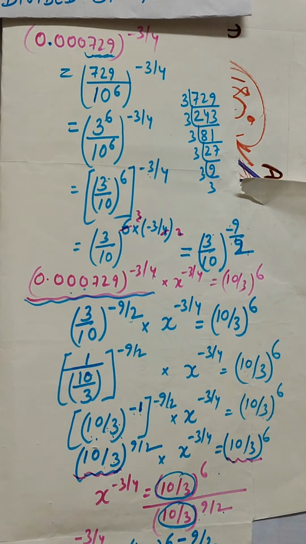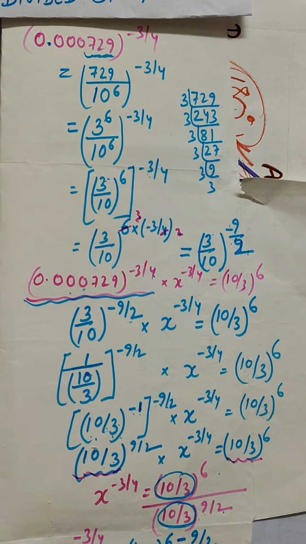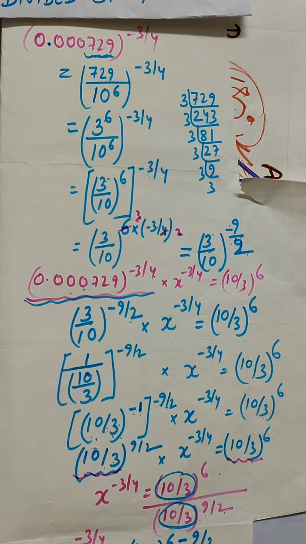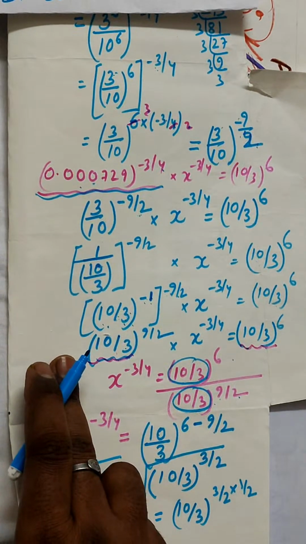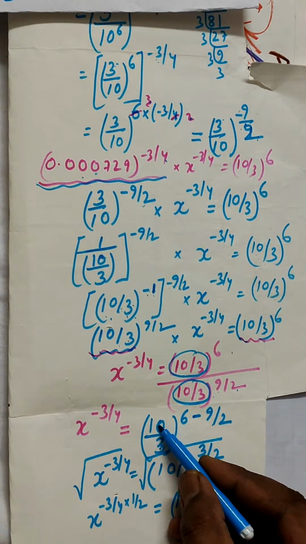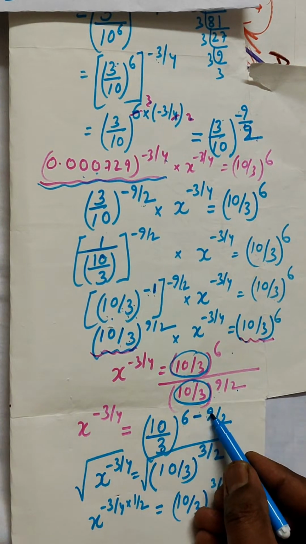So x power minus 3 by 4 can be written as 10 by 3 power 6 minus 9 by 2, right? I'm just shifting it. 10 by 3 power 6 minus 9 by 2.